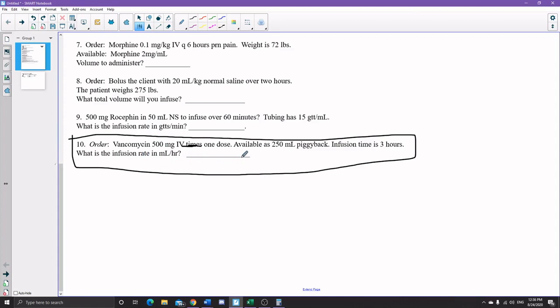So, 500 mg in 1 dose, available as 250 ml piggyback. So that's 500 mg divided by 250 ml. Infusion time is 3 hours.